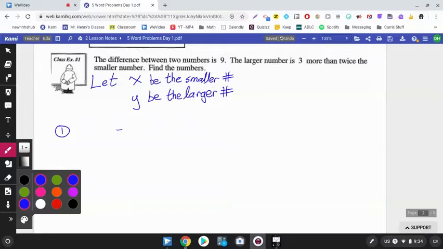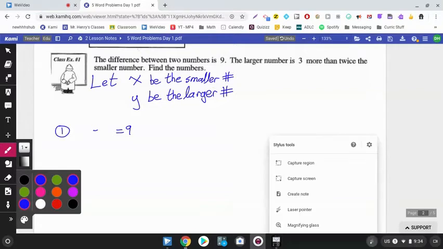The difference is equal to 9. So it's either x minus y or y minus x, right? That would be difference. Well, figuring out which it is, this is a positive answer. So it must have been a big number, take away a small number. The larger take away the smaller. That's how I end up with a positive answer.